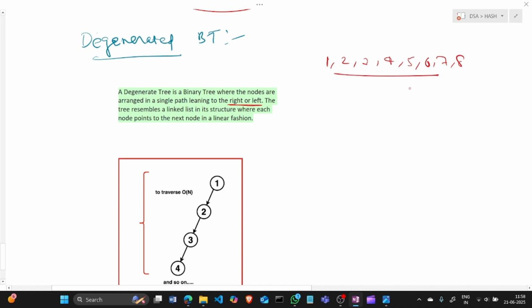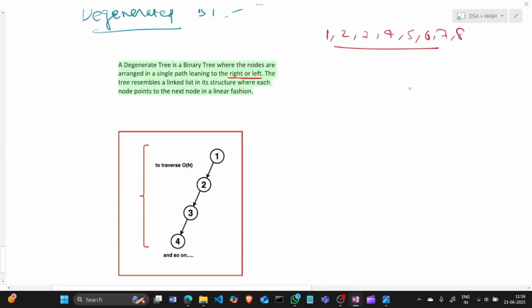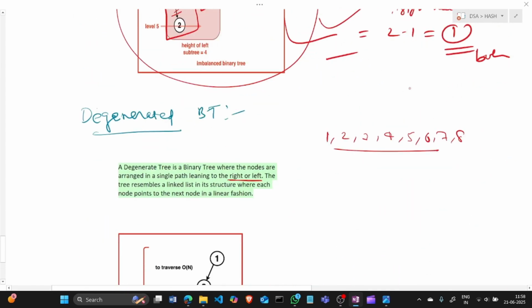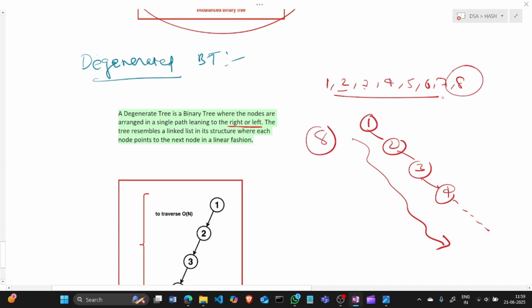If I put these in a binary tree, this is the root node, 2 is greater than 1, 3 is greater than 2, and 4 is greater than 3. Like this it is going to the right side. So this is a degenerated tree. If this is a root node, then 7, it is going to the left side. So this is a degenerated binary tree.